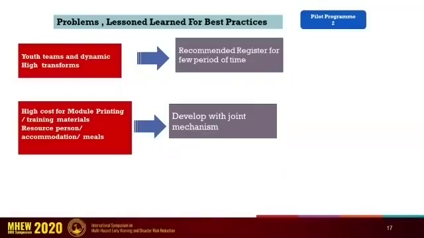Another thing is the high cost of module printing, training materials, resource persons, accommodation, and staff for handling this kind of program. Then we recommended registering a few volunteers for a limited period of time. Another thing is that we are doing this work to make youth communities aware, therefore we tried to plan to develop this with a joint mechanism.